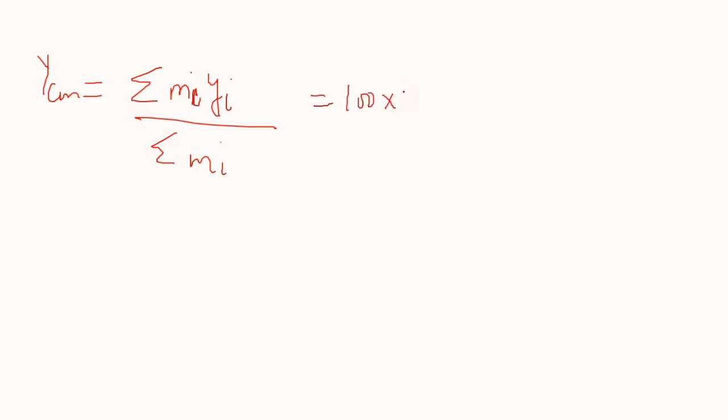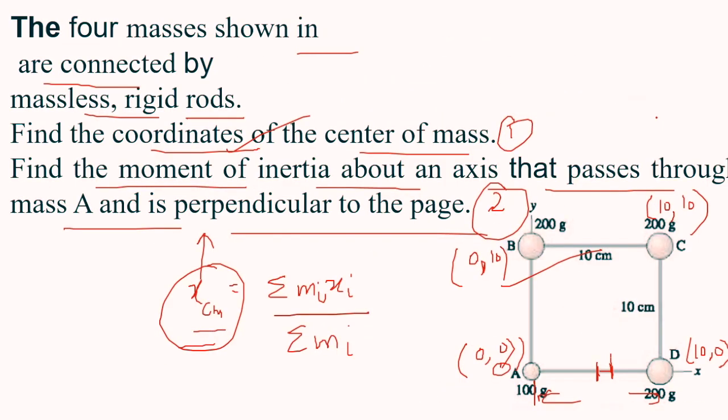Now for YCM, you again need the summation of mi yi divided by the summation of mi. So you put 100 into the y coordinate, which is 0, plus 200 into the y coordinate, which is 0.1. This is for B, and this is for A. For C, it is 200 into 0.1, you can see it in the diagram.